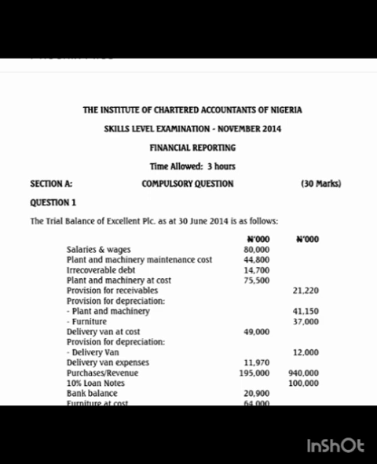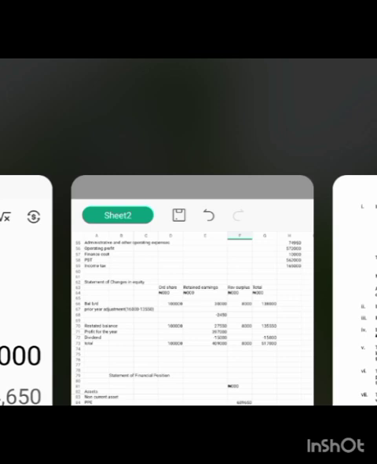Total receivables and payables. So total receivable is 48,000. Don't forget the rule for trial balance: debit, assets and expenses; credit, income and liability. So receivable is an asset, while payable is a liability. We have 48 million.